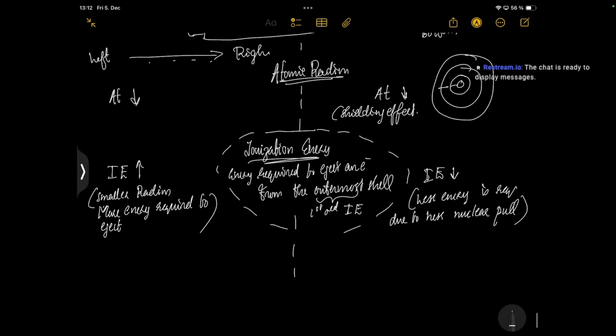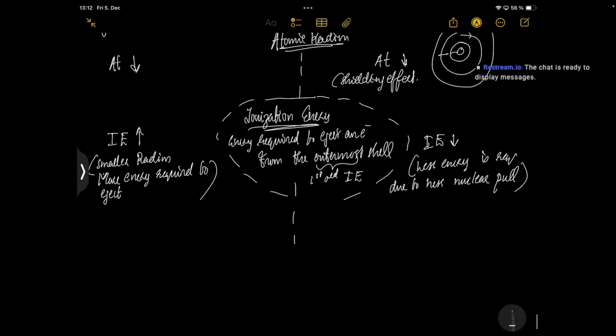That's what, so bigger the atom, less IE.